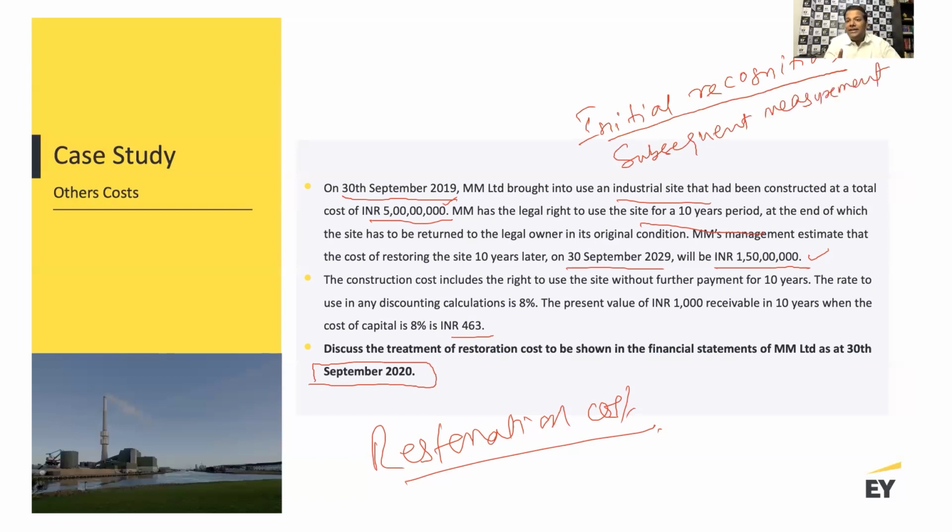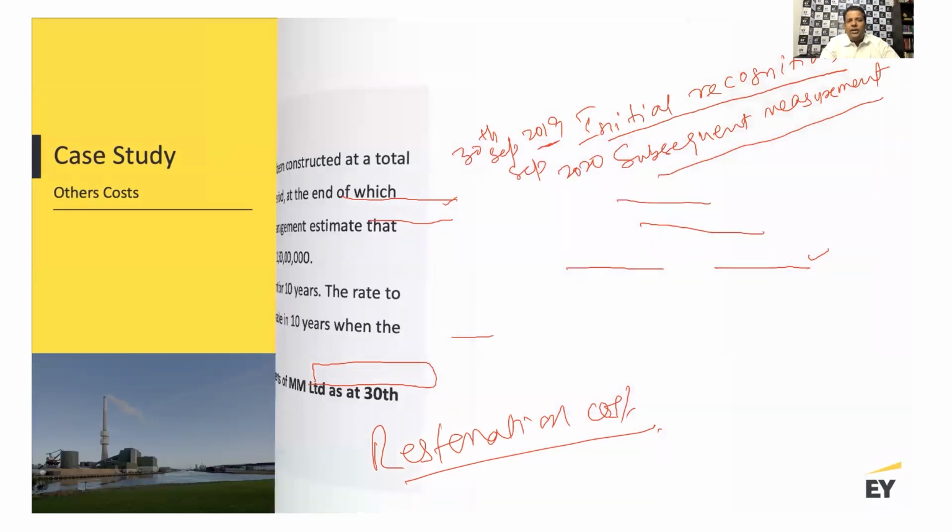Initial recognition is on 30th September 2019. Subsequent measurement is at every subsequent reporting period, and in this case it is September 2020. So we need to understand this and deal with what is the initial recognition and what is the subsequent measurement.